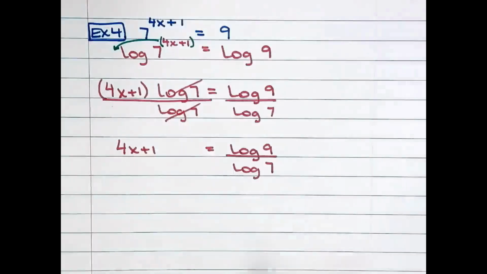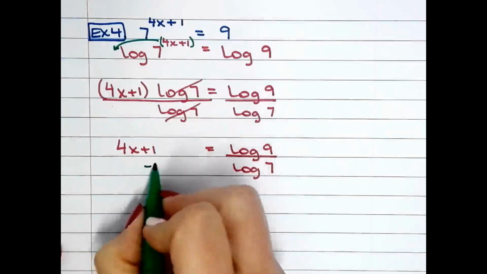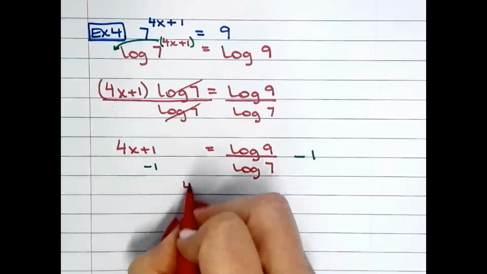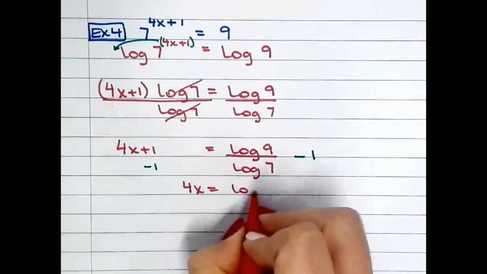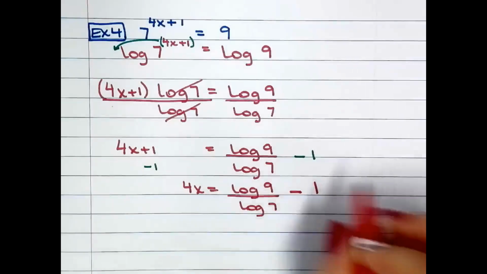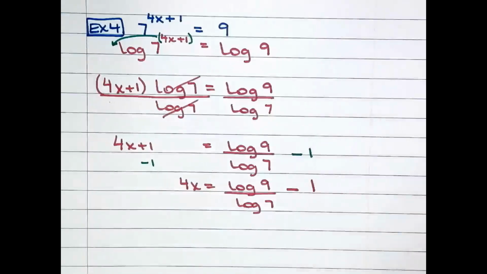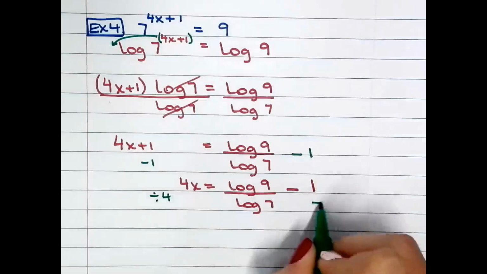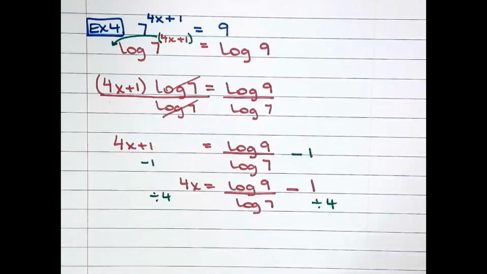Okay, minus 1, just like what we did in example 2. So minus 1 on both sides. That leaves us with 4x equals log of 9 over log of 7 minus 1. Divide by 4. Divide both sides by 4.